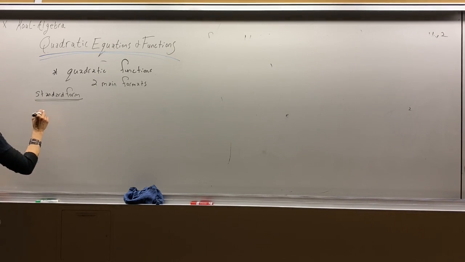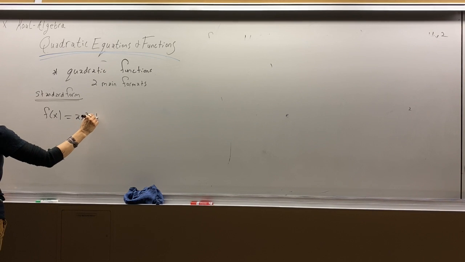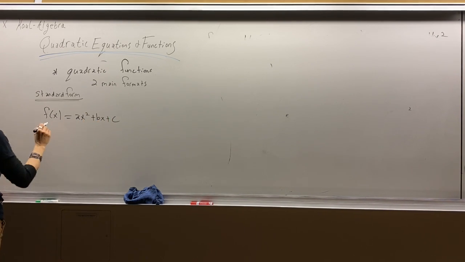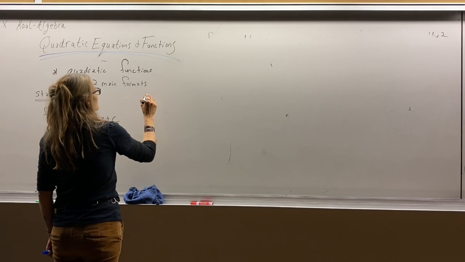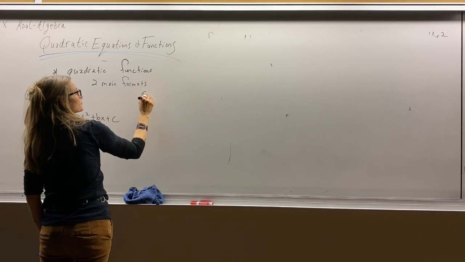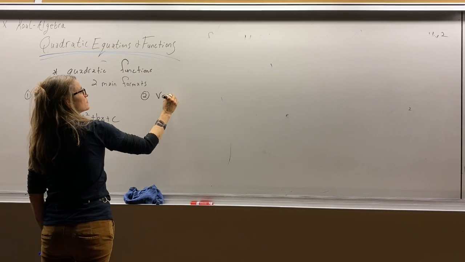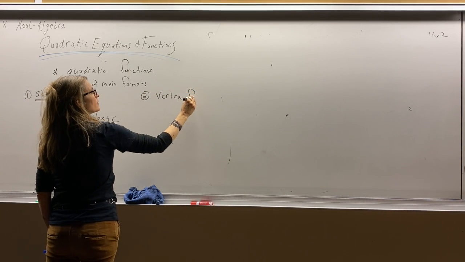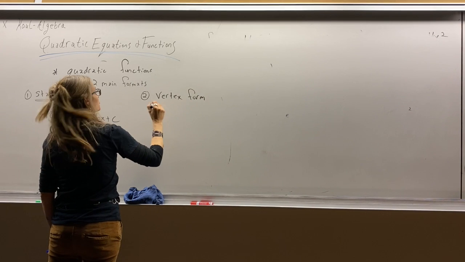So our standard form is the f of x equals ax squared plus bx plus c format. Again, remember, we use y a lot of times. That's your standard form. And then we also have the vertex form, which is very useful for graphing.